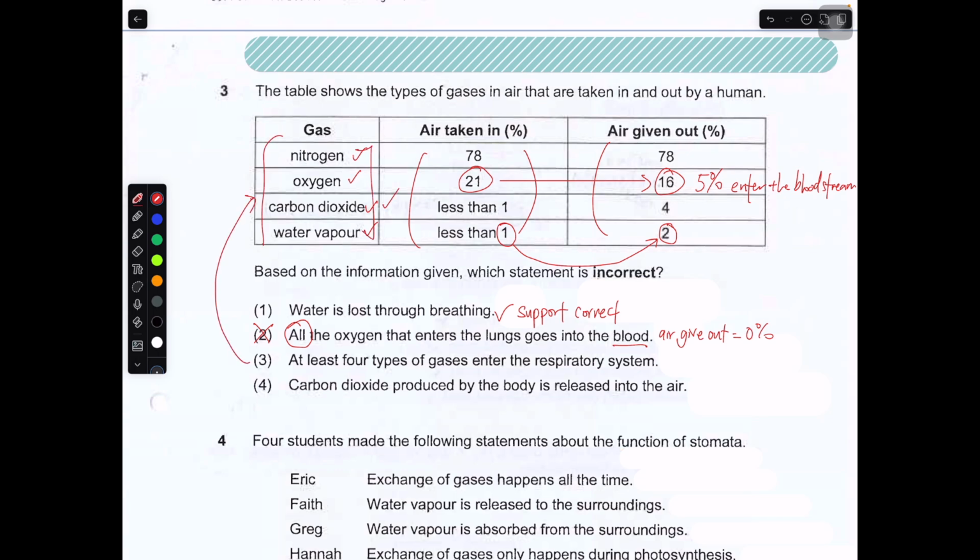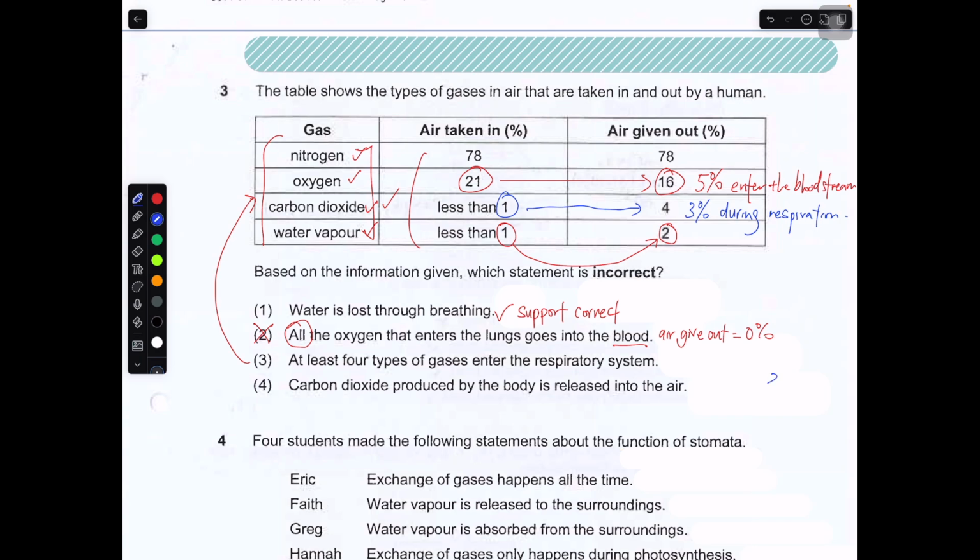Carbon dioxide is produced by the body and is released in the air. This is correct because if you take a look at the carbon dioxide, which is this part, 1% becomes 4%. So it suggests that your body produces at least 3%. And this is produced during the respiration process, when your body is producing energy.